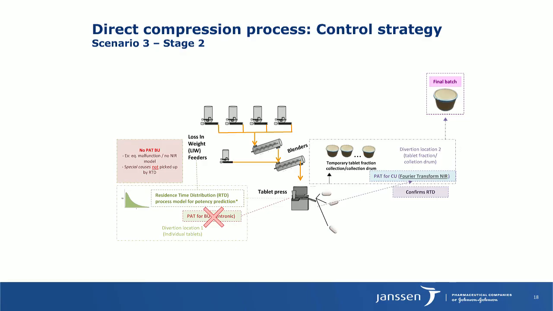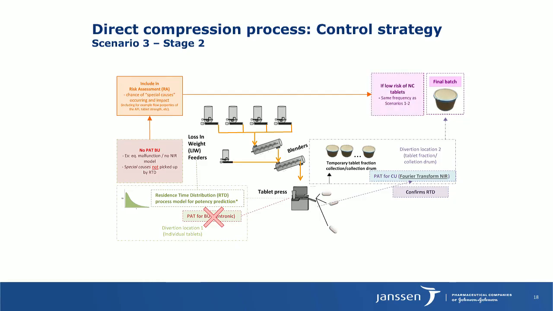So there is a certain risk. We can still use the PAT-CU tool to confirm the RTD, but we also need to do a risk assessment. And during that risk assessment, during development, we need to define what the special causes are. Special causes can be material buildup and release itself. You can assess in your risk assessment that this is low, then you could still use the same sampling frequency as scenarios 1 and 2.